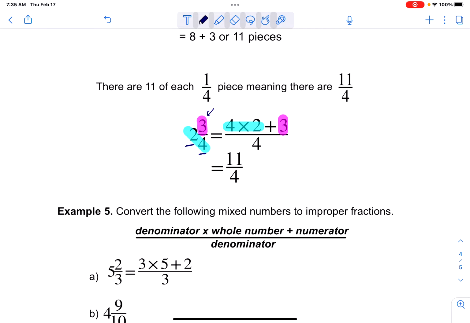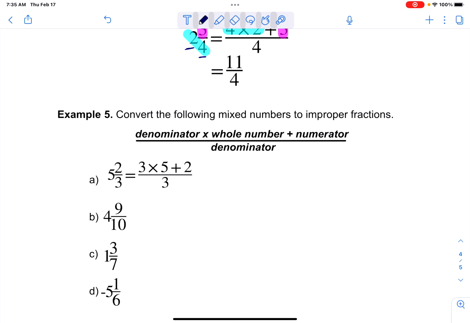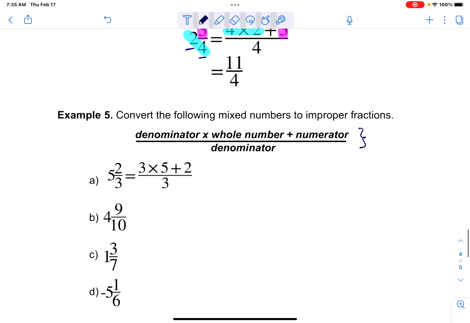So we're going to do an example here, and I've given you the words in this part to be able to do the question every time. So for this first one, we do the whole times the part, so 5 times 3, plus the number on top.